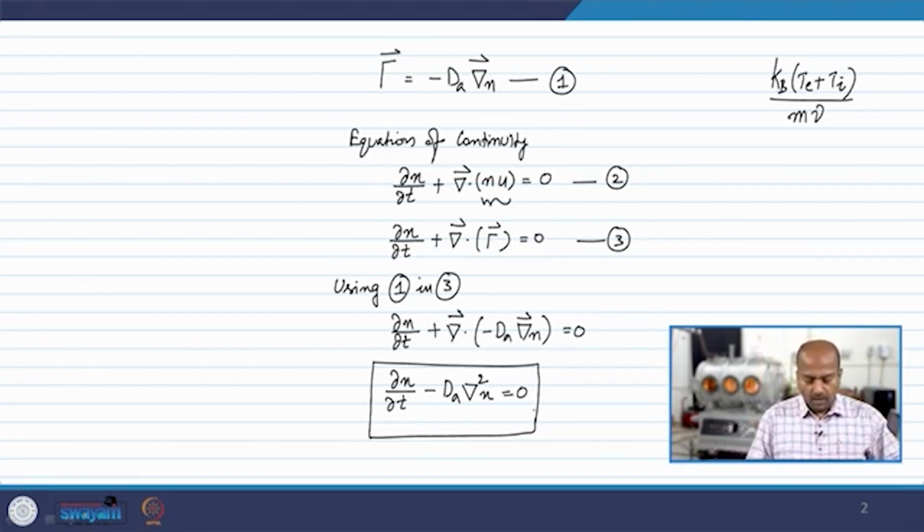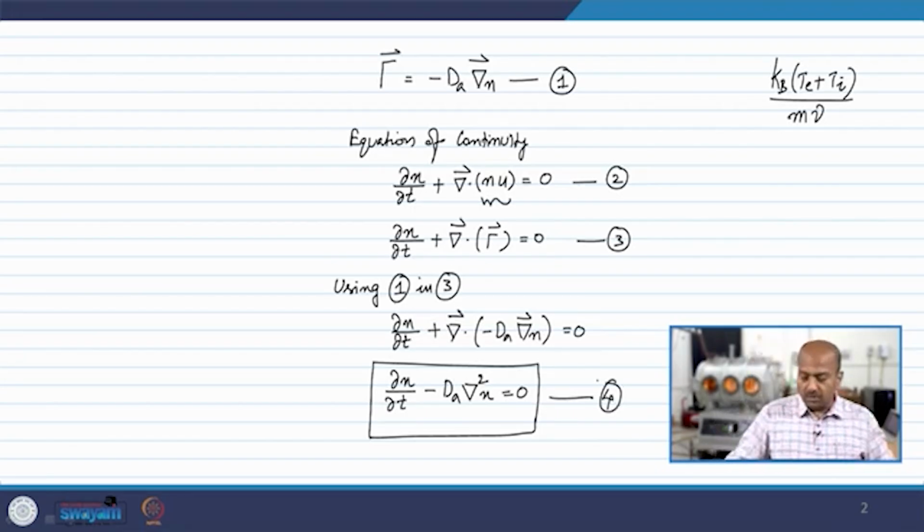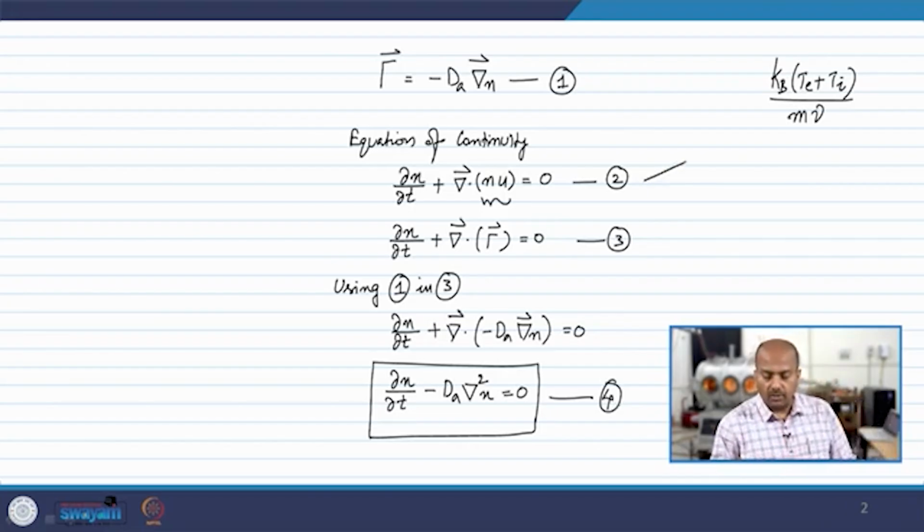This is the continuity equation written using the diffusion coefficient, right. Let us call this equation 4. Okay. So, this equation can be used to study the temporal and spatial evolution of plasma under the scenario of diffusion, right.